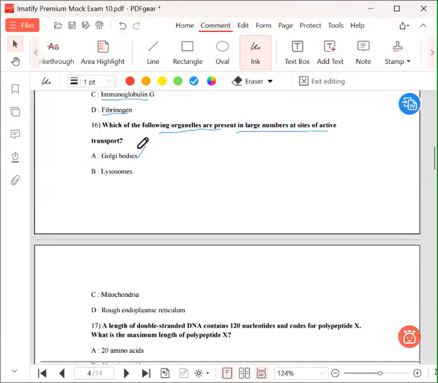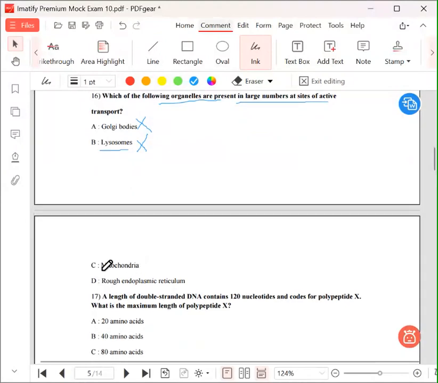No, the Golgi body is involved in the packaging and transport of proteins. Lysosomes? Not at all. Lysosomes are the cell digesting entities that break down food. Mitochondria? Yes. Mitochondria are present in large numbers at sites of active transport because mitochondria produce ATP.